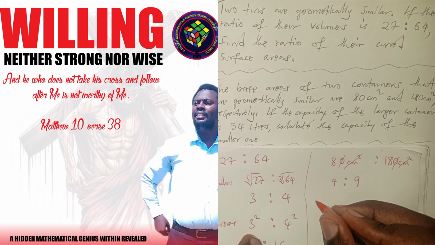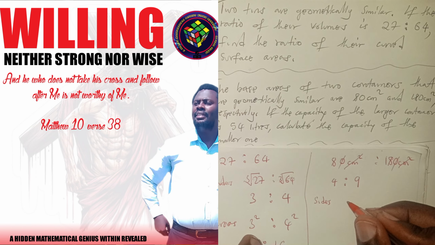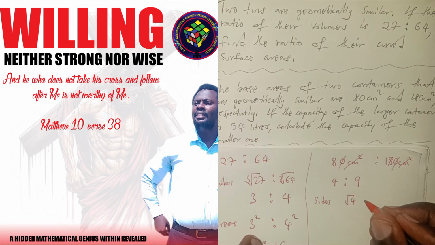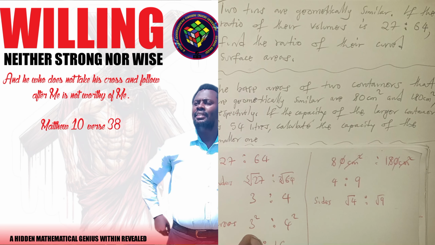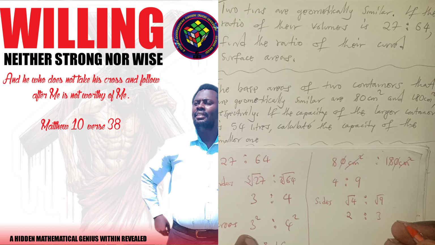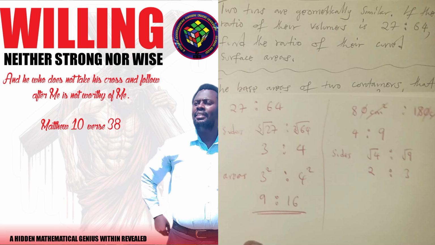The ratio of sides is equal to the square root of the ratio of areas. Square root of 4, that is 2, and square root of 9, that is 3. So 2 to 3 is the ratio of sides.